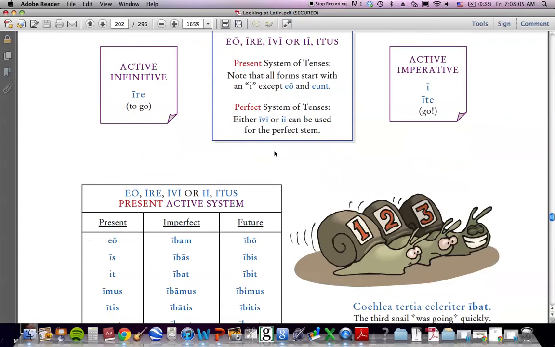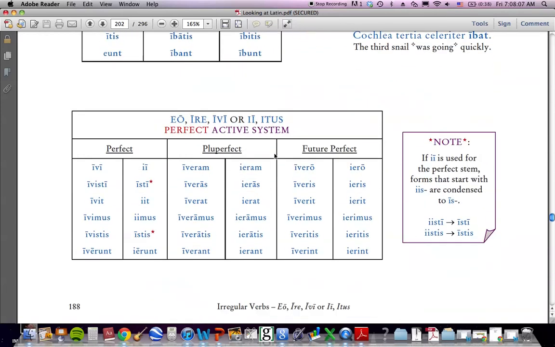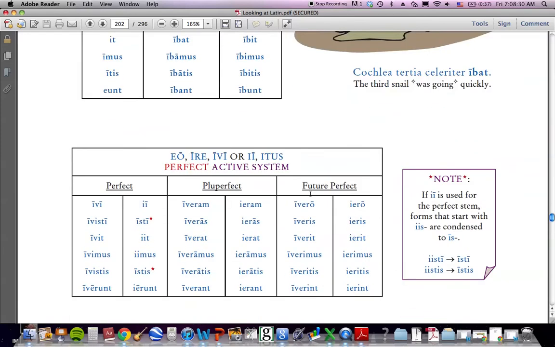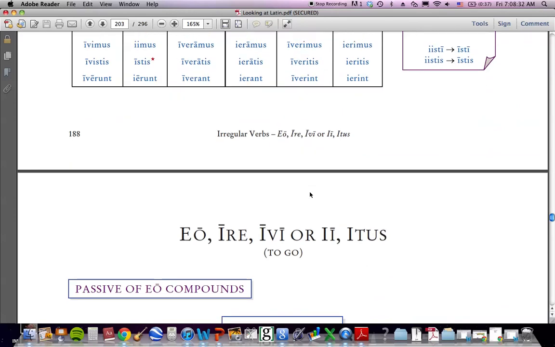And if you look at the conjugation of the tenses that I just mentioned, pluperfect, future perfect, and so on, you see that they either can be formed on the first option of the stem, IV plus the ending, iveram, iveras, or ivero, iveris, and also you can use it without the V. The stem is simply the letter I, ieram, ieras, ierat, and so on and so forth. So that's something that is very important for us to know.